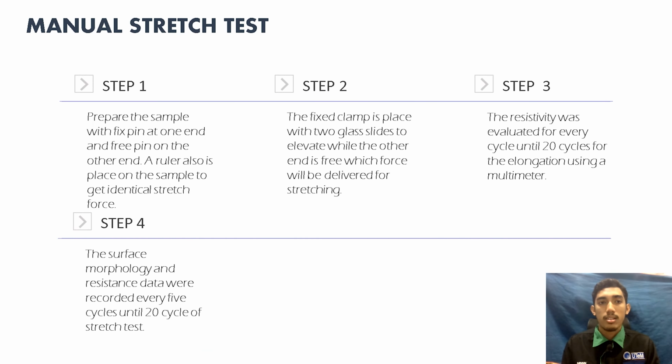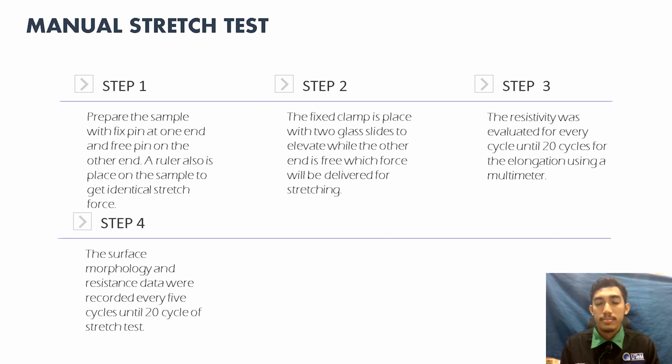Okay, now I will talk about the manual stretch test. Step number 1, prepare the sample with a fixed pin at one end and a free pin on the other end. A ruler is also placed on the sample to get identical stretch force. Step number 2, the fixed clamp is placed with 2 glass slides to elevate it while the other end is free, where force will be delivered for stretching.